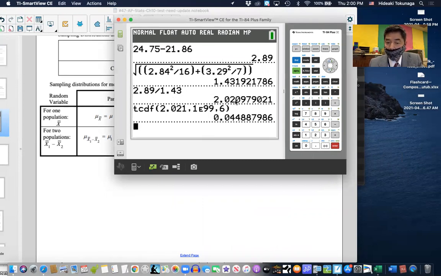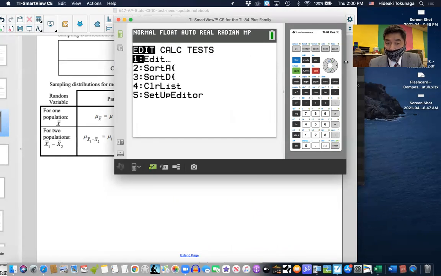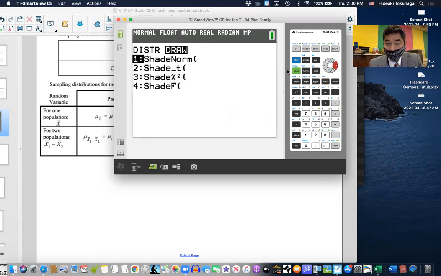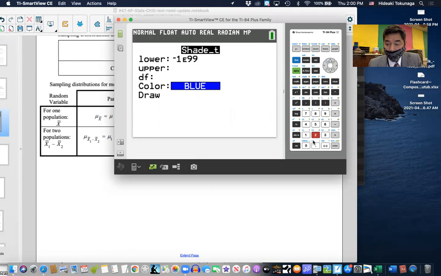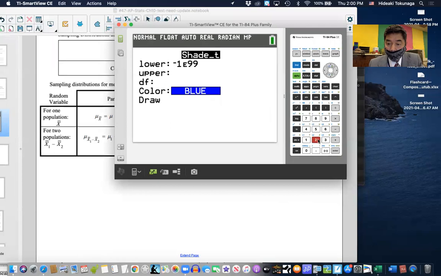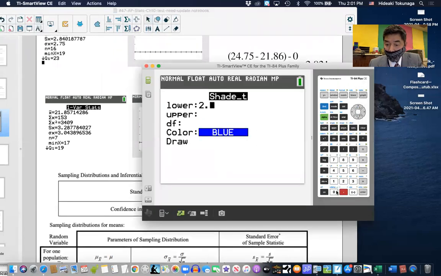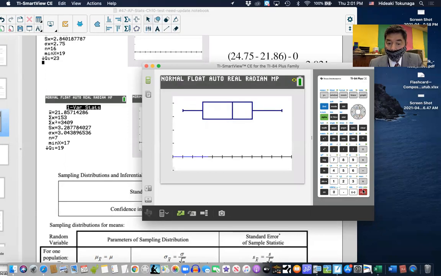You can go to stats, second bar, draw, t-shape, 2.021, upper is infinity, degrees of freedom 6, which is 7 minus 1, and draw. It's not showing, so let me clean up here.